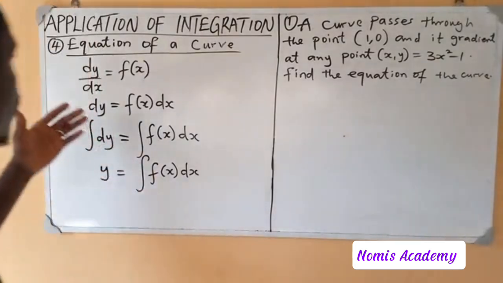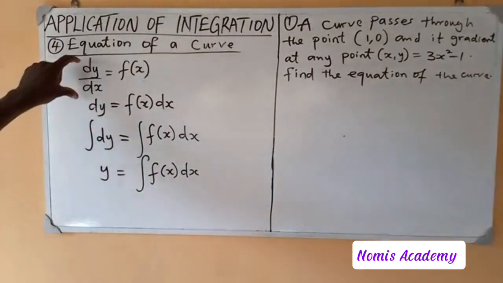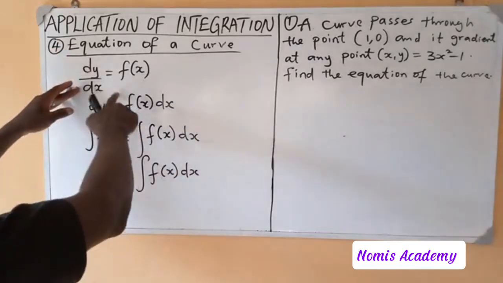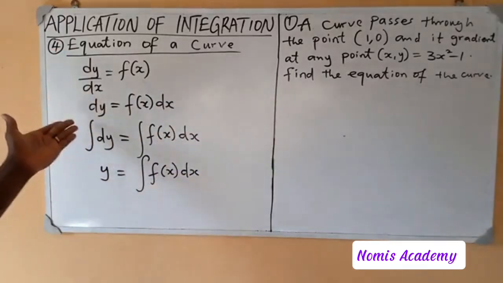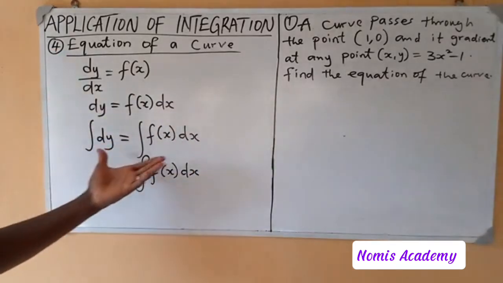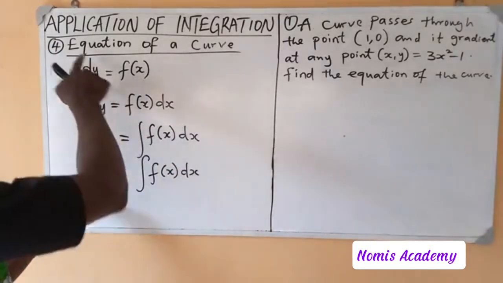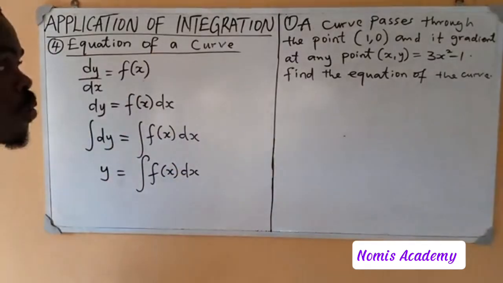Just like I told you, if you are able to identify the gradient given, which is dy/dx, and then transform it to the integral, it is very easy to find the equation of the curve.